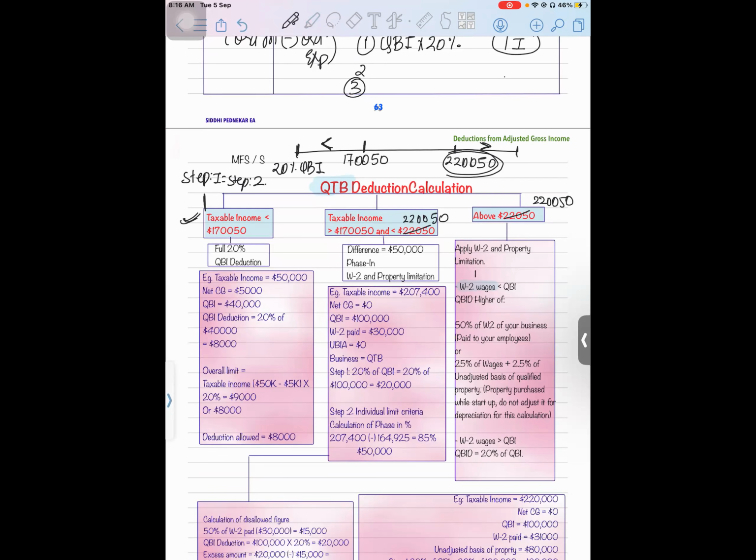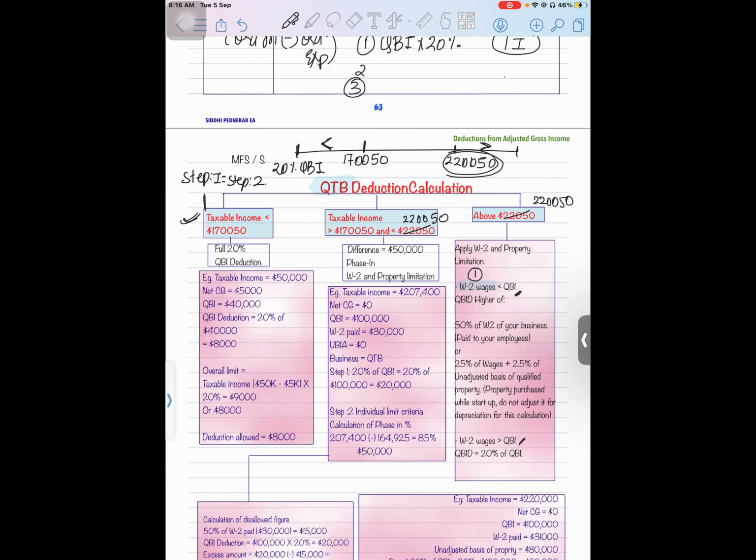Okay, first you will take that amount and compare whether it is less than QBI or more than QBI. Got it? I'm going very slow, guys, because you have to remember so many things in this. Is the wages expense which you are incurring less than your qualified business income? What is qualified business income? Again, your net profit: ordinary business income minus ordinary business expense.